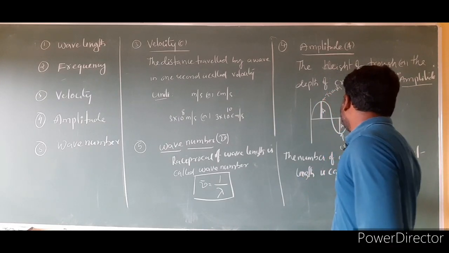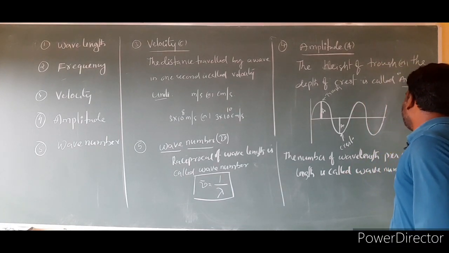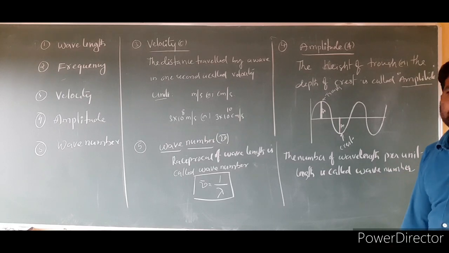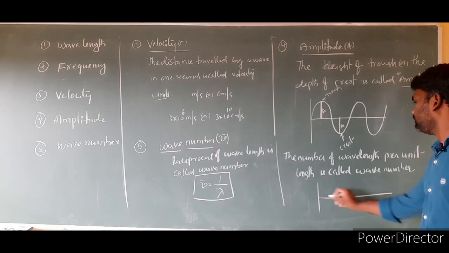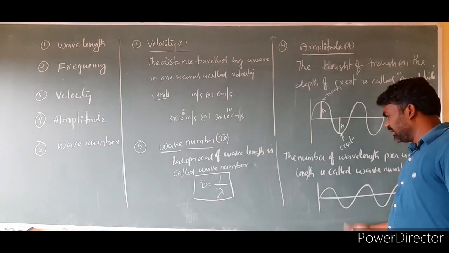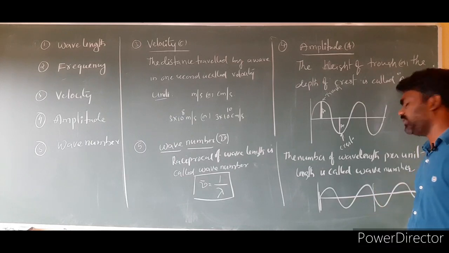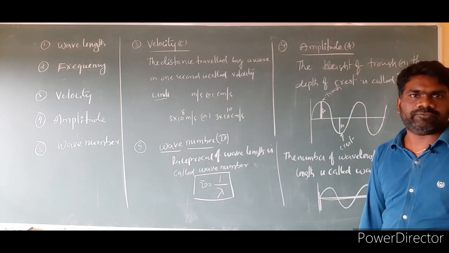This point meaning is, if you take this is the wave, if you take 1 unit length, suppose from here to here I am taking as 1 unit. In this 1 unit length, how many number of waves is called as a wave number.